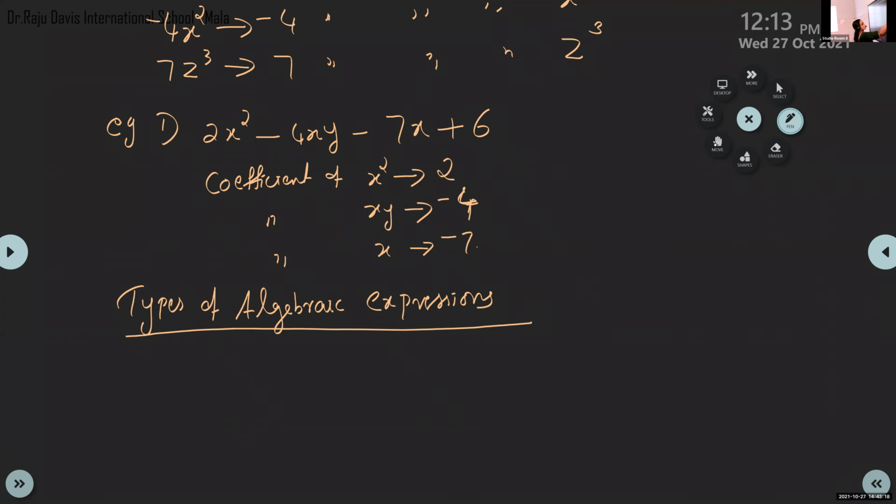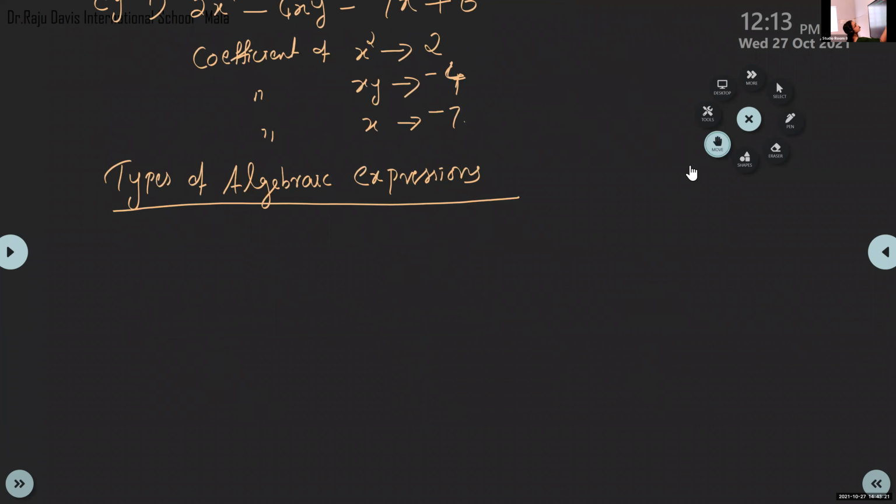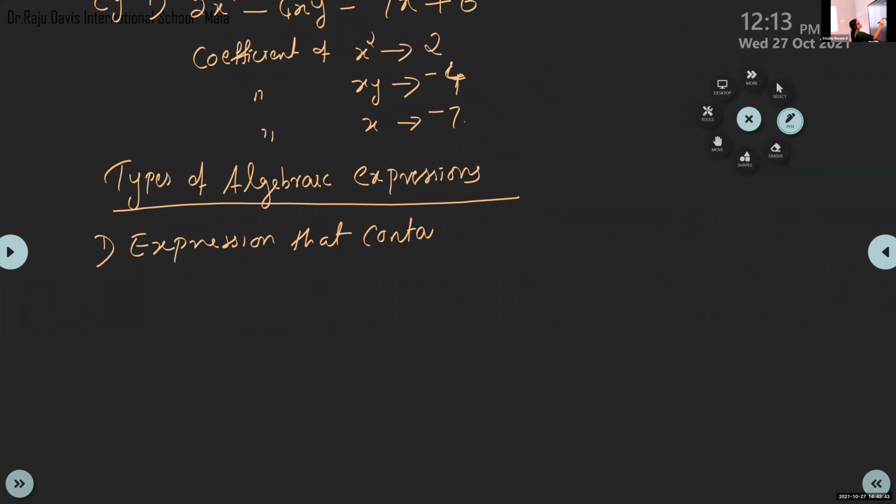Types of algebraic expressions. First one, expressions that contain only one term are called monomial.